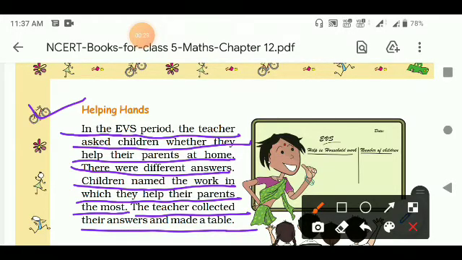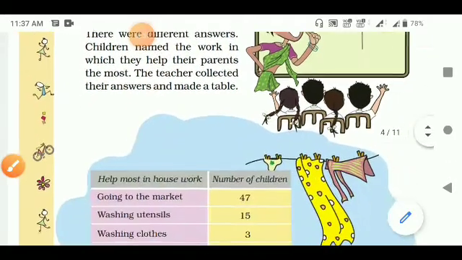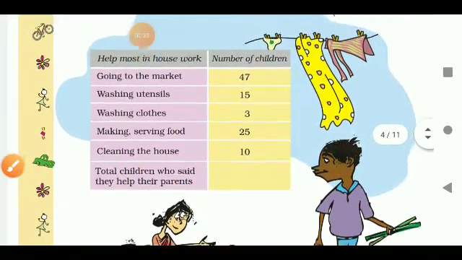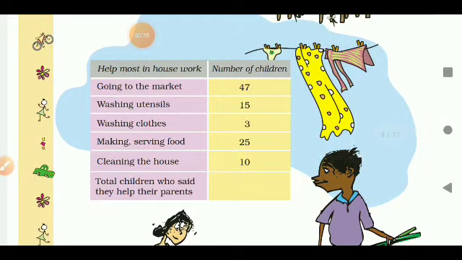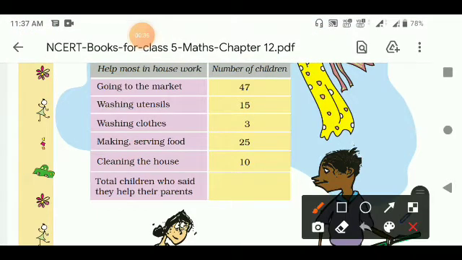This table you can see here. Here you can see two columns: the work in which the children help most in housework, and the number of children.